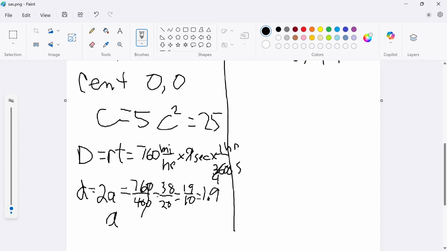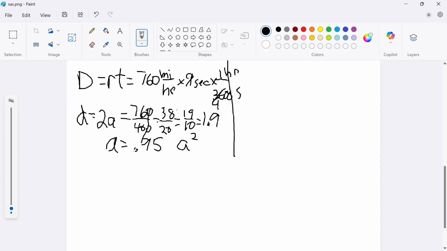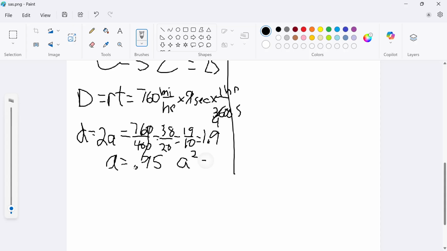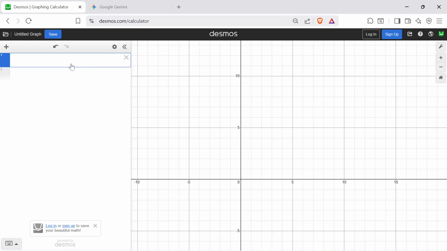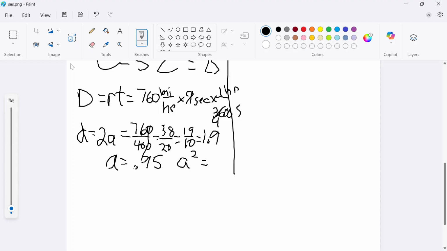A is half of 1.9, which is 0.95. And A squared is 0.95 squared. Let me find that over here. 0.95 squared equals 0.9025.